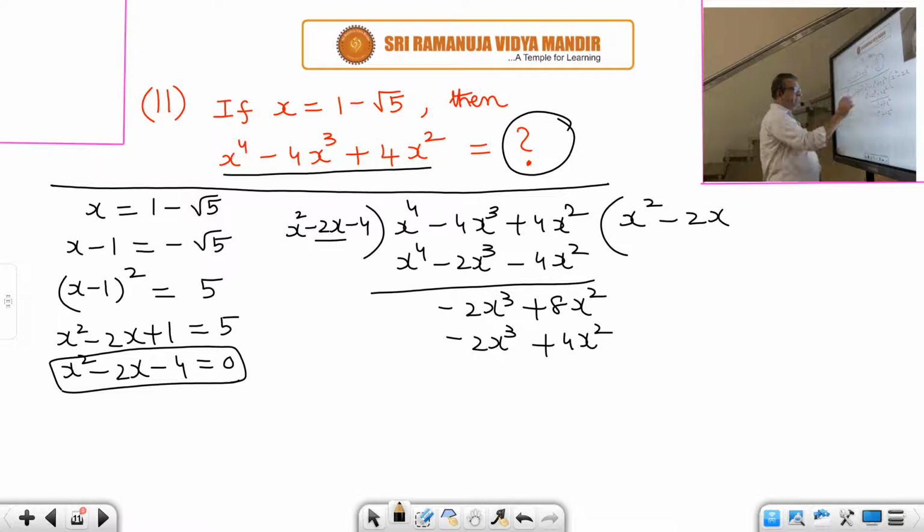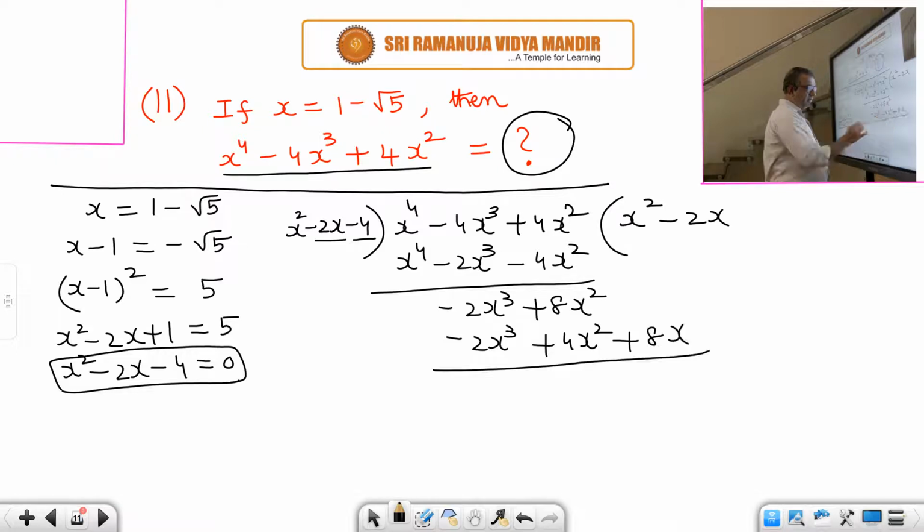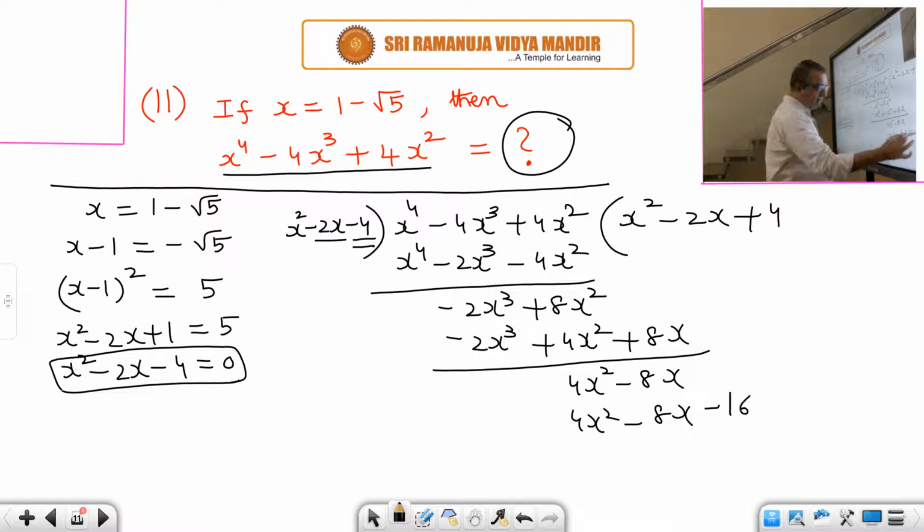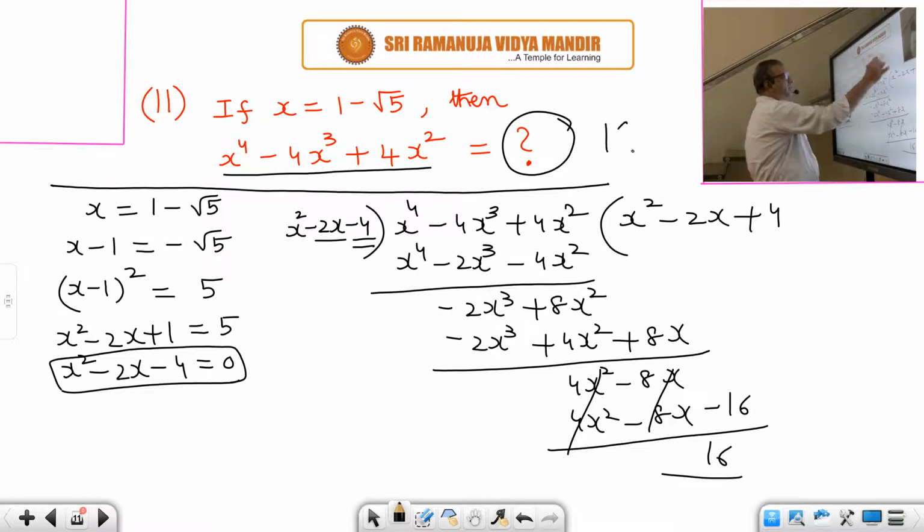Next minus 2x into minus 4 is plus 8x. Subtract. So 2x cube is gone, so you will get 4x square minus 8x. Right. So next plus 4. 4x square minus 2x into 4 is minus 8x, minus 4 into 4 is minus 16. Subtracting, these two are gone, so you will get 16. So the answer for this question is 16.